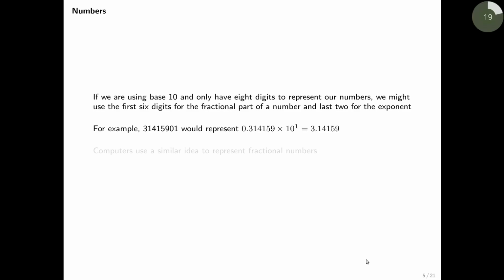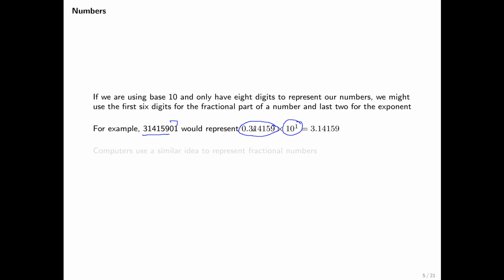So for example, using that convention, this 8-digit number, an integer, 31415901, represents this number here. Why? Because we said that the first 6 digits represent the fractional part. So these simply represent the fractional part, 0.314159, and this part here represents the exponent, and since we are in base 10, it is 10 to the power 1.